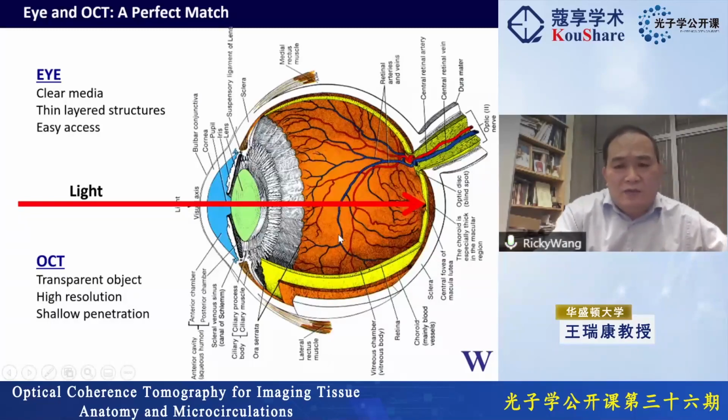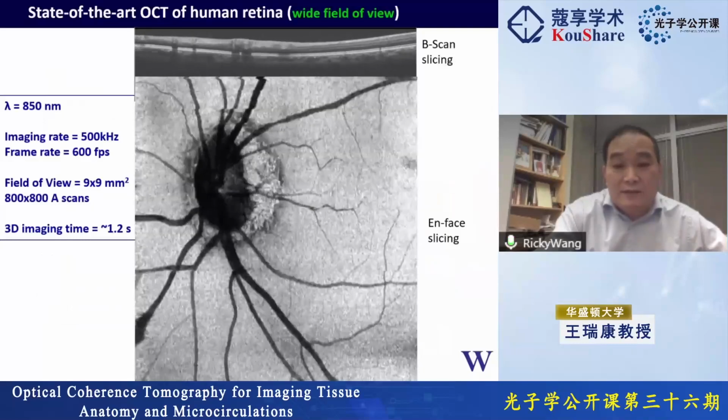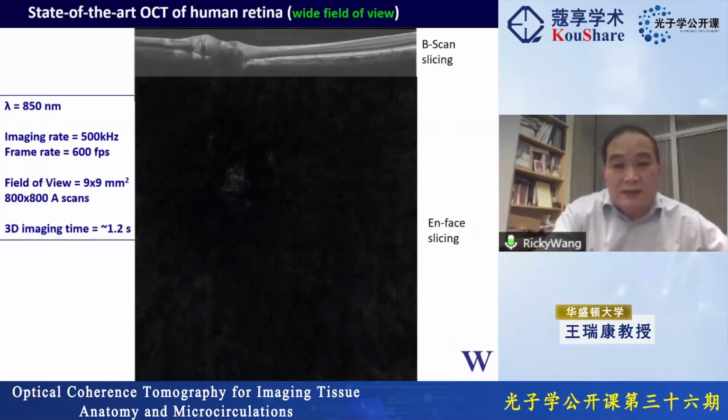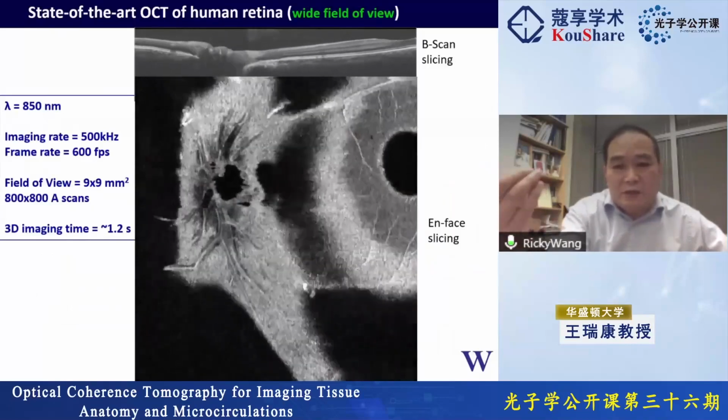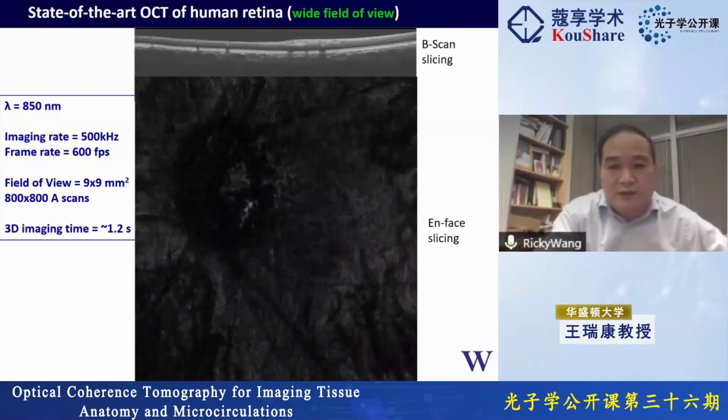And the development of OCT over the last 30 years has been really fast. This is an example of OCT imaging scans from my own eye, pushing the light into the back of my eye to image the retina.